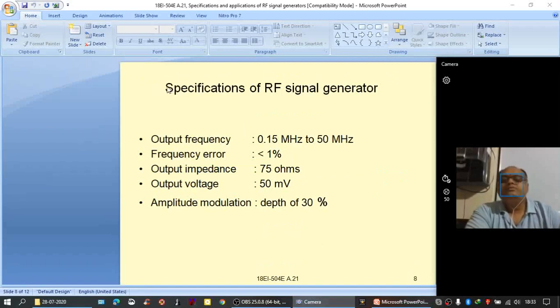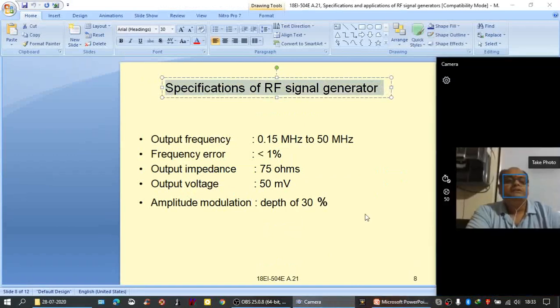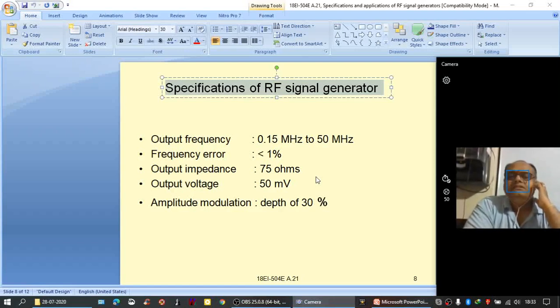Now coming to the present topic, that is the specifications of the RF signal generator. What are all the important specifications of an RF signal generator? Important specifications are output frequency. Here, for a particular commercially available RF signal generator, it is not a fixed value, the range is 0.15, that is 150 kilohertz to 550 megahertz.